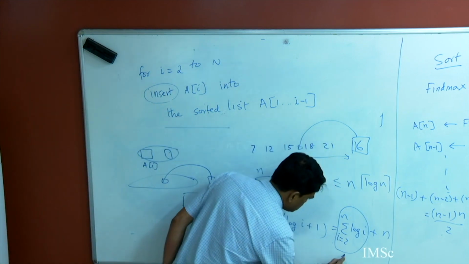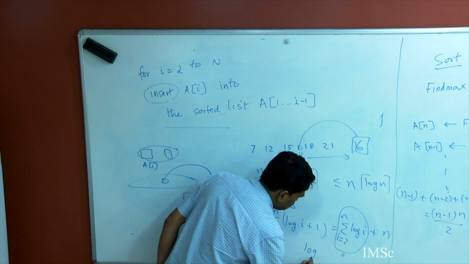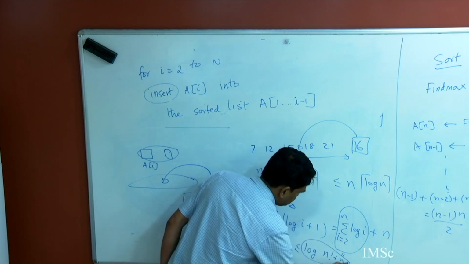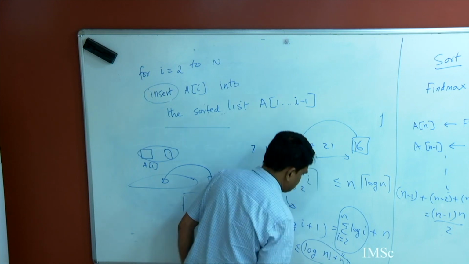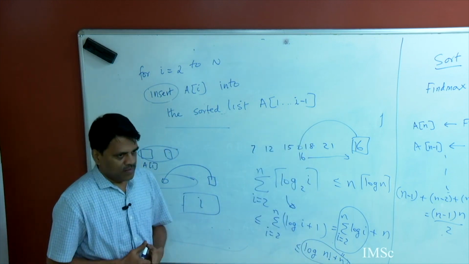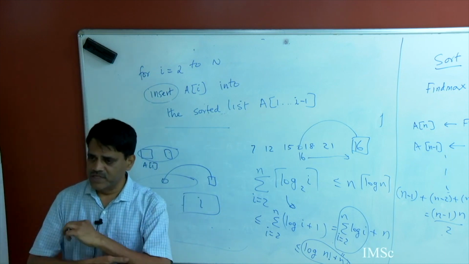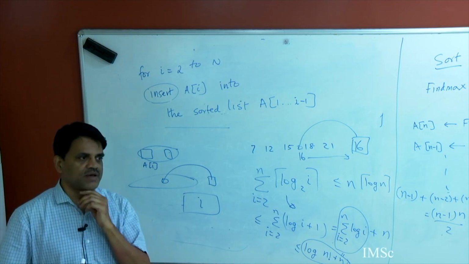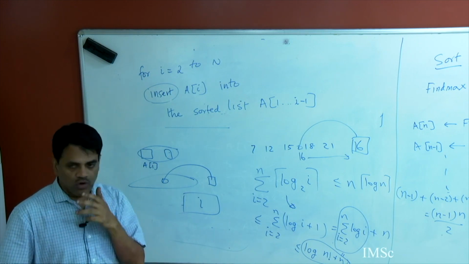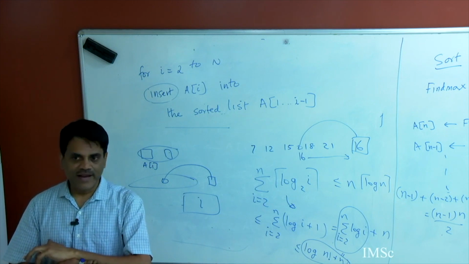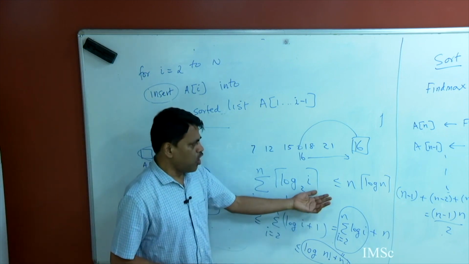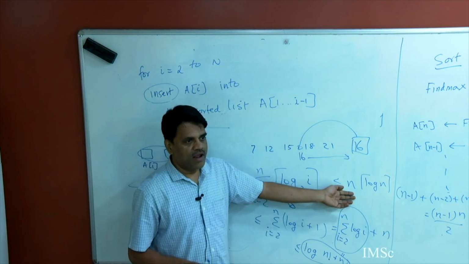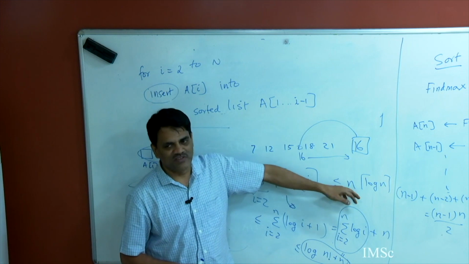Right? So this is at most n log n. But log of n factorial also turns out to be asymptotically n log n minus something. So overall, net, I have an algorithm to sort using roughly n log n comparisons, roughly because of the ceiling and stuff.